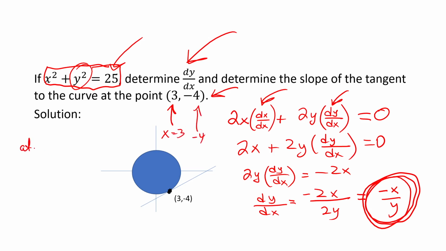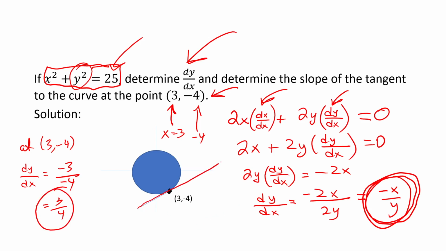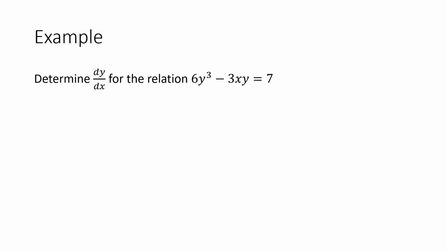So at 3, negative 4, dy over dx will be negative x over y, or in other words, 3/4. So what we're saying using implicit differentiation is that the slope of that tangent is 3/4. That looks about right.